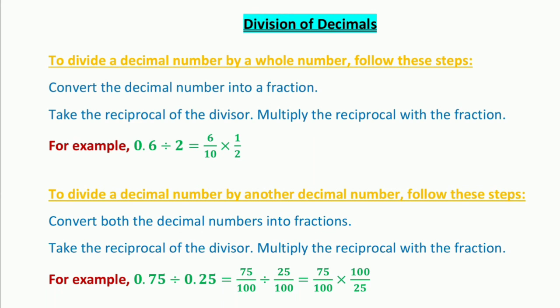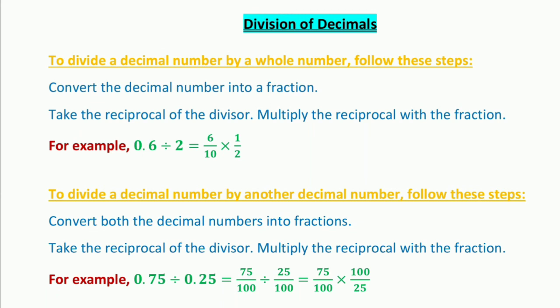Now next, to divide a decimal number by another decimal number, follow these steps. Convert both the decimal numbers into fractions. Take the reciprocal of the divisor. Multiply the reciprocal with the fraction. For example, 0.75 divided by 0.25. First, convert the given decimals into fractions.